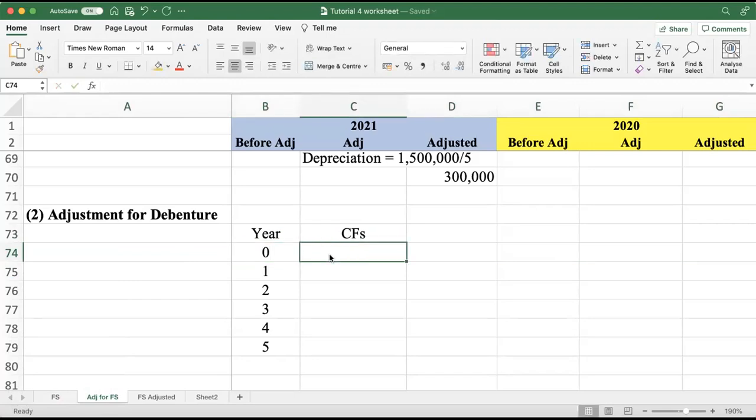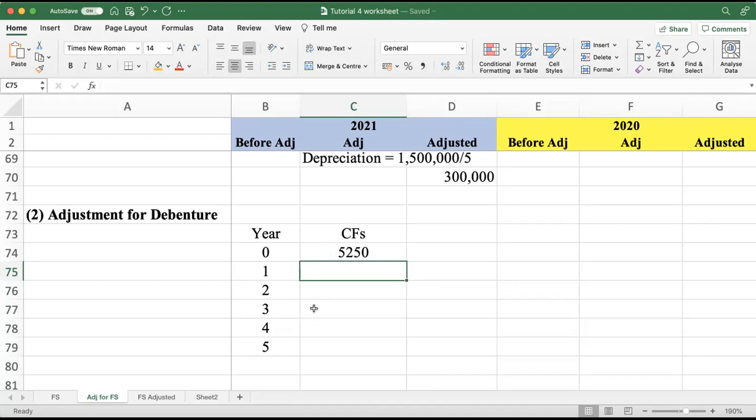Today you receive the issue price because the company issues debenture. So you issue debentures at 5,250,000. So company receives the issue price.